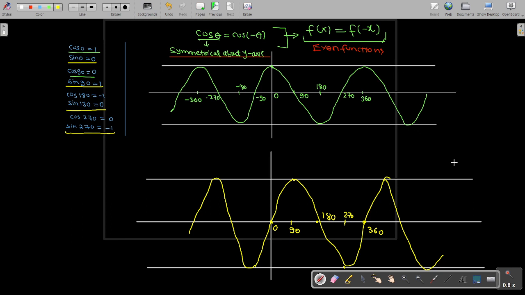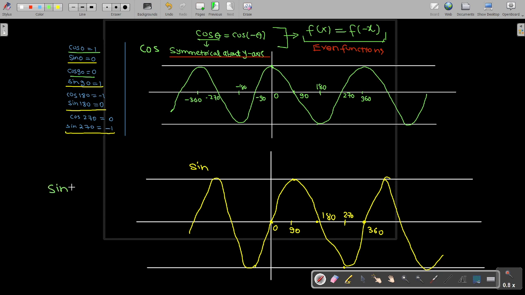This is the graph of sine and this is the graph of cos. This graph and this graph are the same; the yellow graph is just a shifted graph. It's shifted towards the right by 90 degrees.